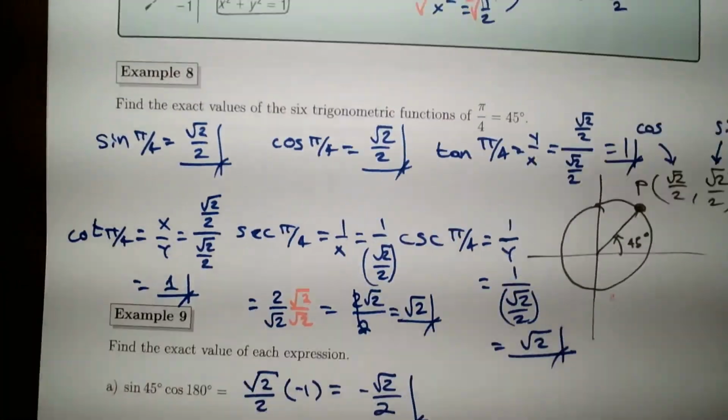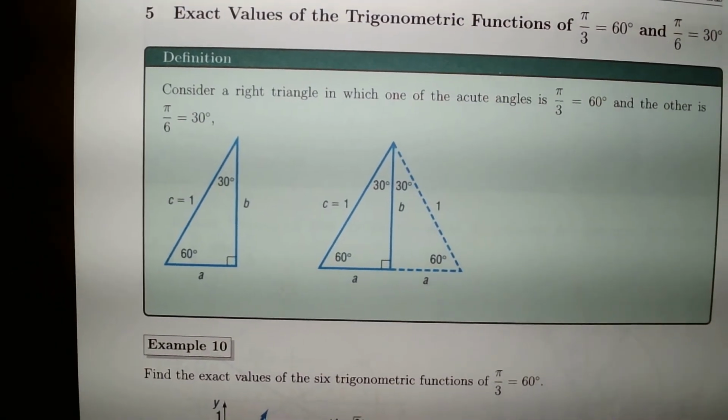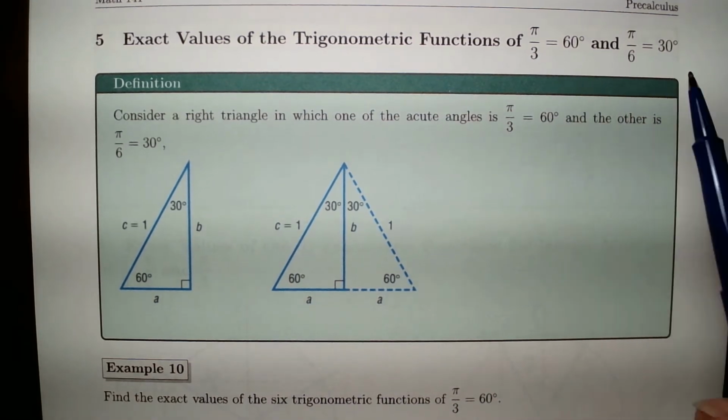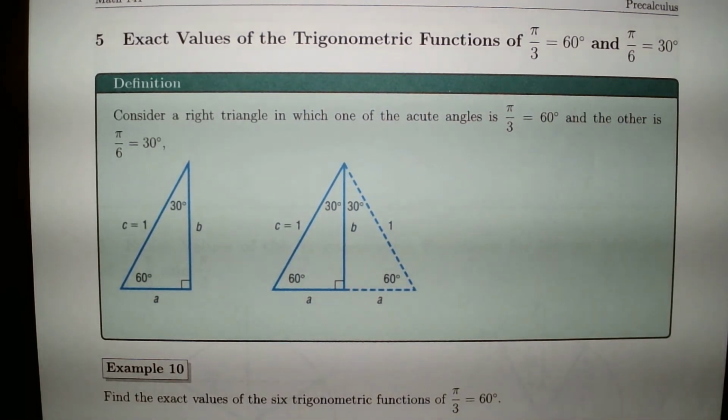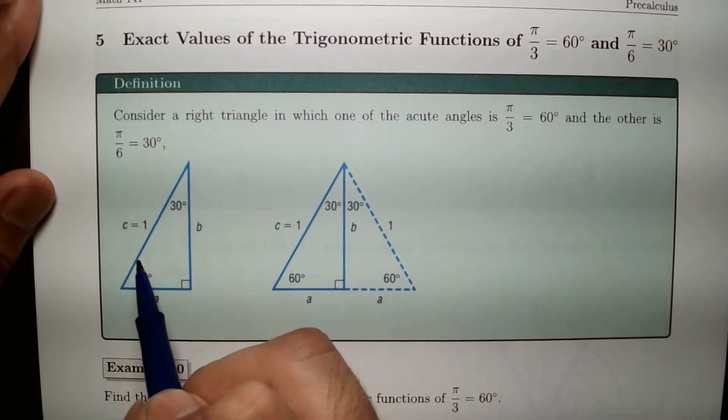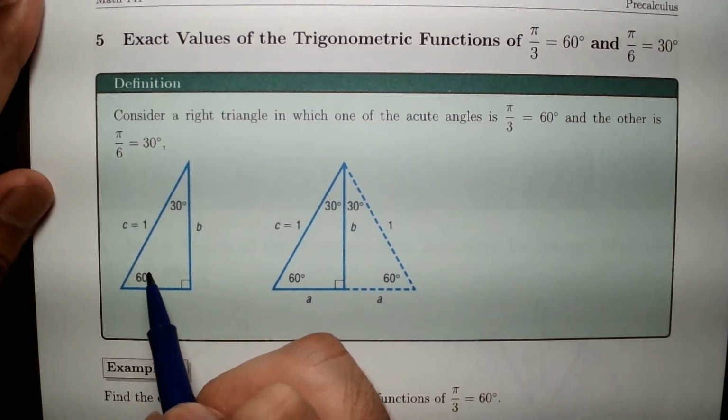All right, let's move on to the next section. Finding the exact values of the trigonometric functions of pi over 3, which is 60 degrees, and pi over 6, which is 30 degrees. Let's consider a right triangle, an acute right triangle, in which the largest of the acute angles is 60 degrees.